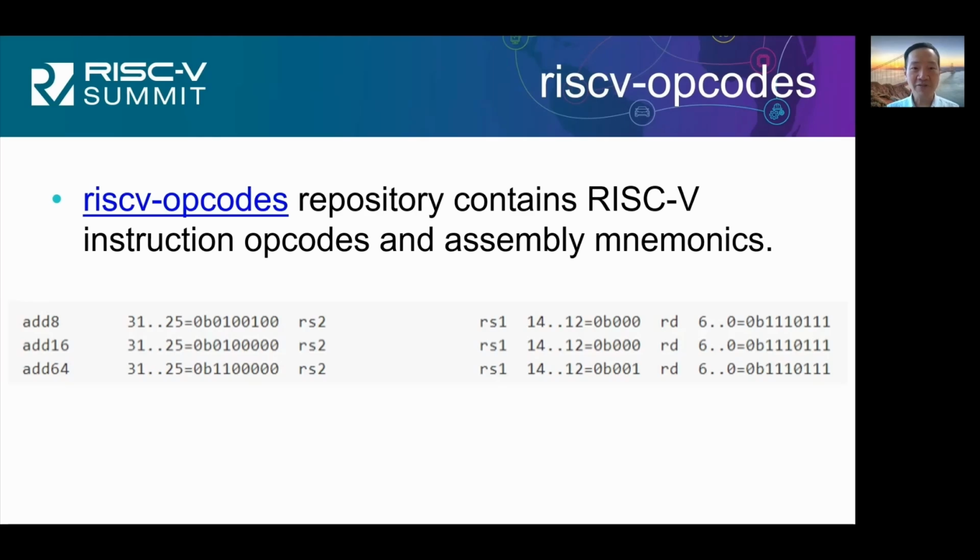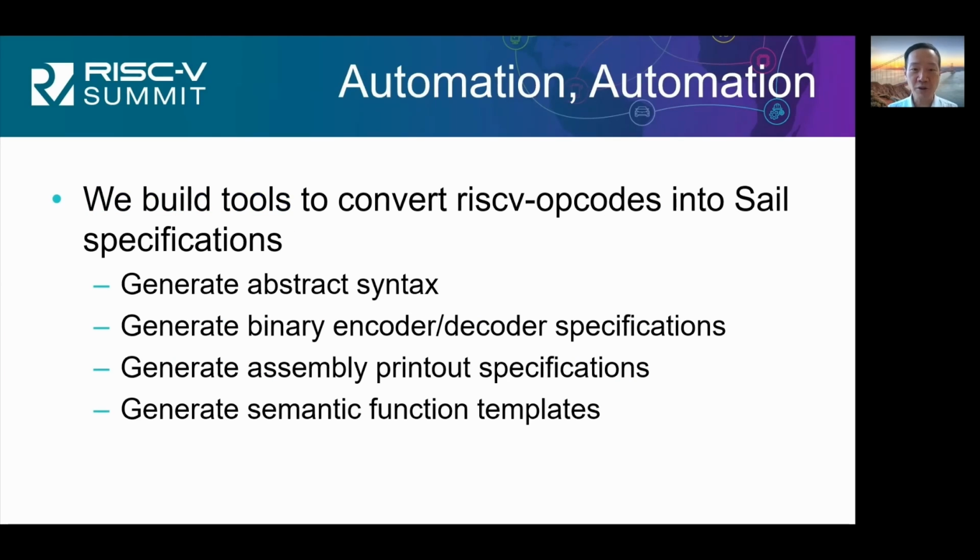The RISC-V P codes repository contains basically a human-readable binary encoder and decoder. So here we can see 3 instructions, ADD8, ADD16, and ADD64, and it basically tells how to encode these binary instructions. So what we do is we write a tool to convert all these human readable text file opcodes into CEL specifications.